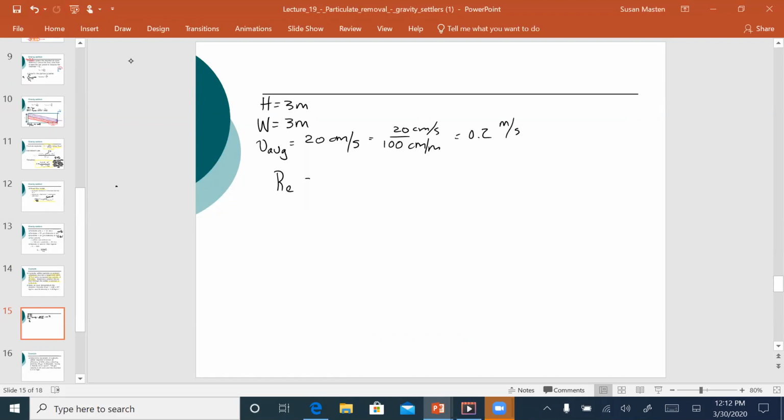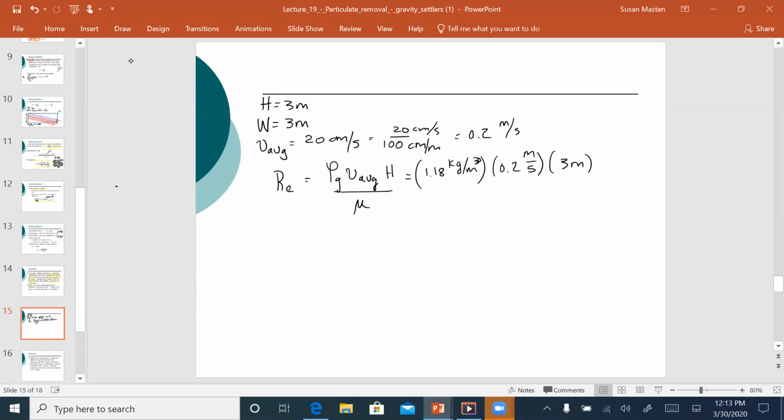And Reynolds number is equal to the density of the gas times the average velocity times the height over mu. So room temperature, as mentioned in the previous slide, air has a density of 1.18 kilograms per cubic meter. Velocity is 0.2 meters per second.